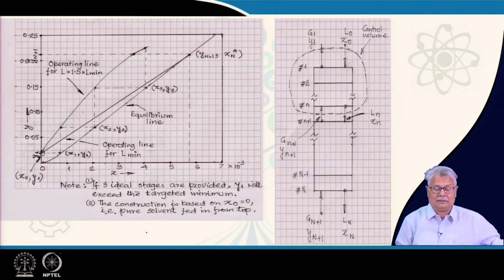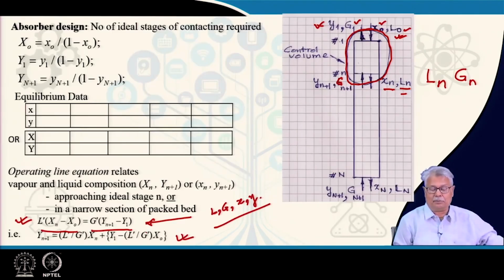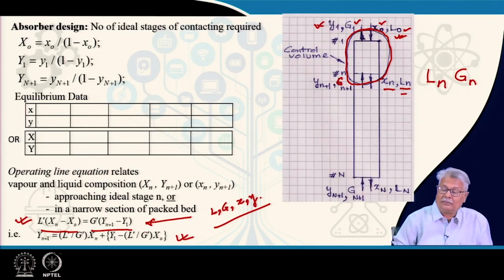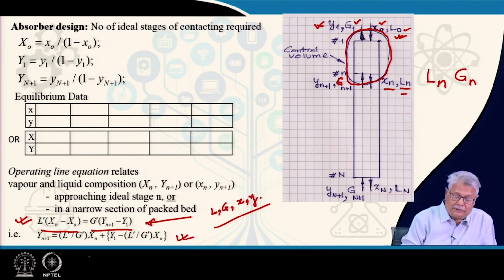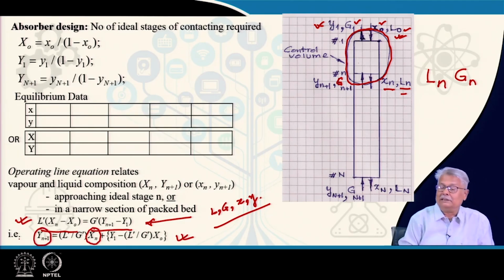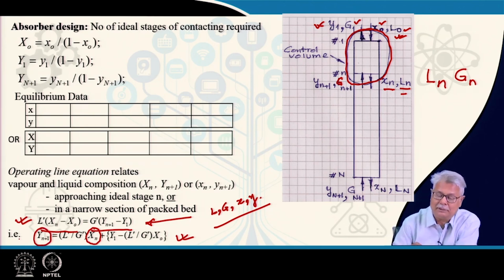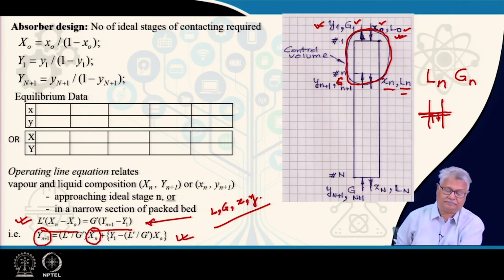This has a very interesting point. It shows the relationship between Xn and the corresponding vapor. That means, if I am talking about the column at any particular point, it relates the liquid composition with the vapor composition in this thin section.